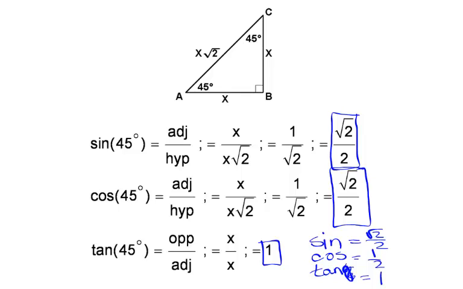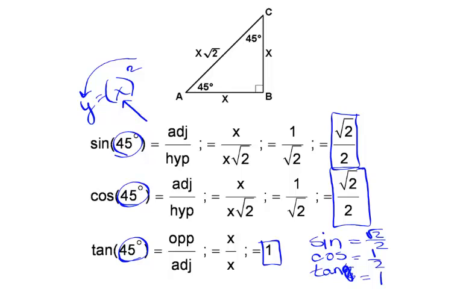These functions have independent variables. There are input values, just like y equals the quantity x squared has an input value and a resultant output value. These functions do as well. The input value is the angle measure in every one of these functions.